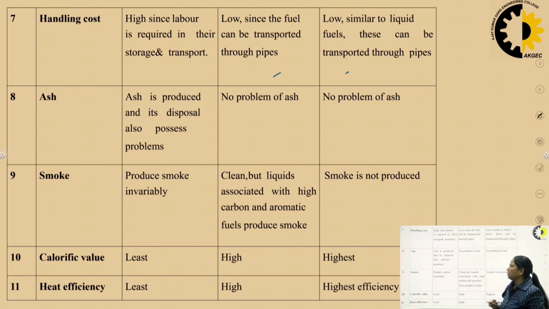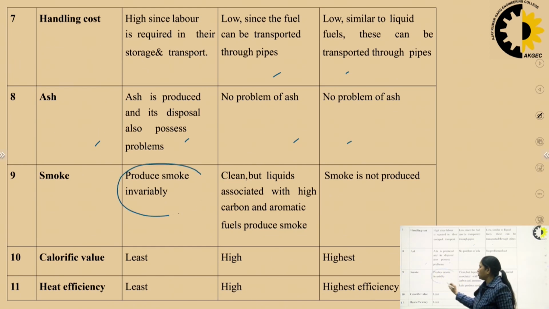If we take another parameter such as ash, in case of solid fuel, a lot of ash is there, which can be problematic. There is no problem of ash in case of liquid and gaseous fuel. So this is a drawback of using solid fuel. Another drawback of solid fuel is smoke. Solid fuel produces smoke in a very high amount.